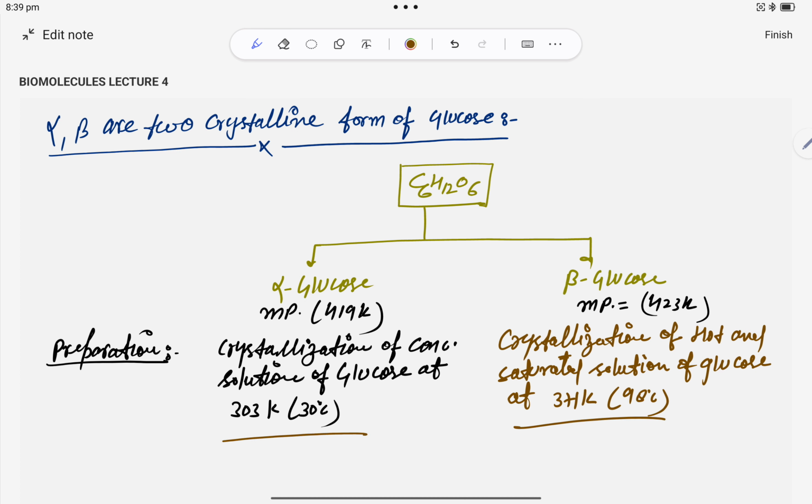Okay, so these are the preparation methods of alpha glucose and beta glucose.